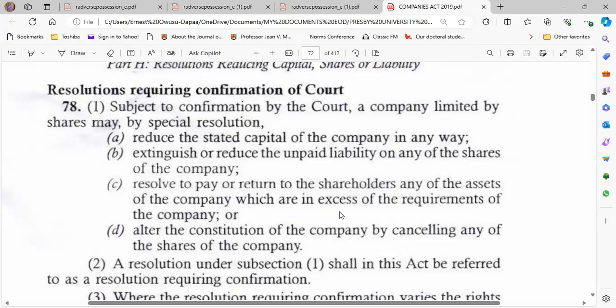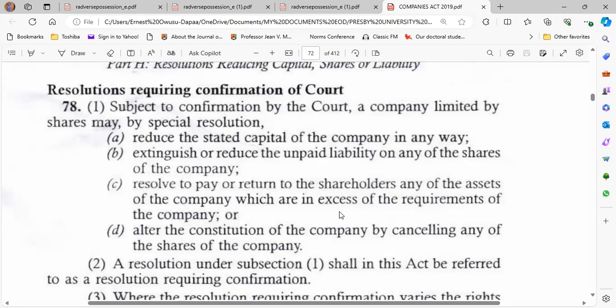And mind you, cancelling the shares is not the same as altering the number of the shares. Cancelling the shares presupposes that the shares have been, if you like, issued.